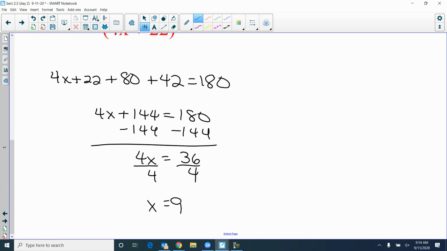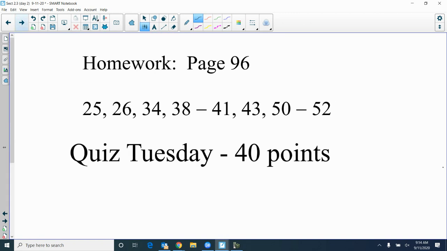All right, now, we went through a lot here. Page 96. Should we make this a double assignment? I'd say probably no. I don't know if they're doing it. Maybe they will. We're making this a double assignment. You're going to have assignments over the weekend. You have to learn to do them.